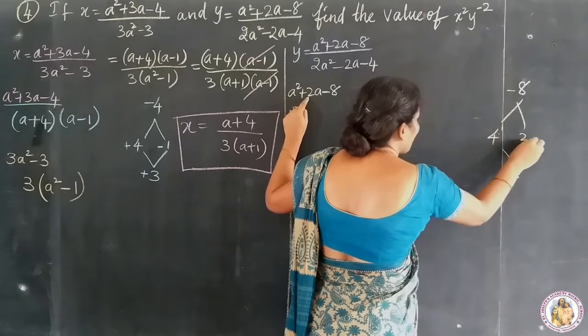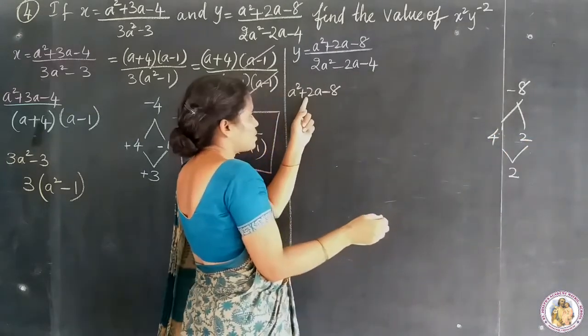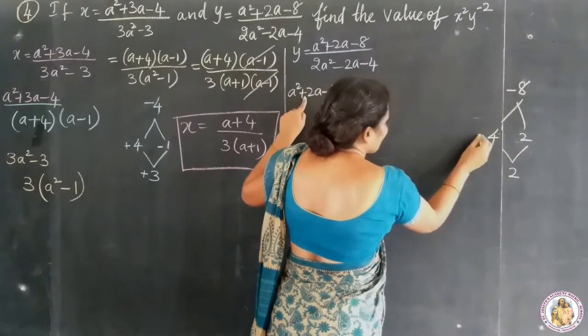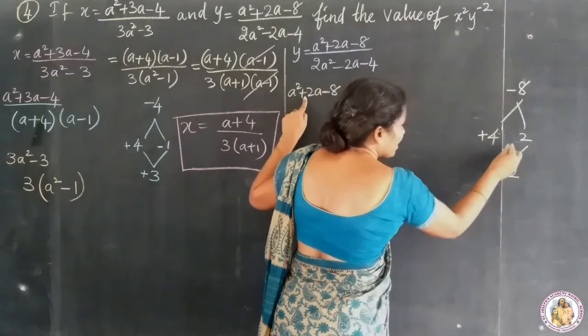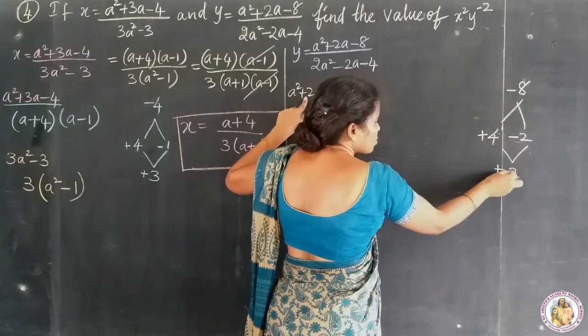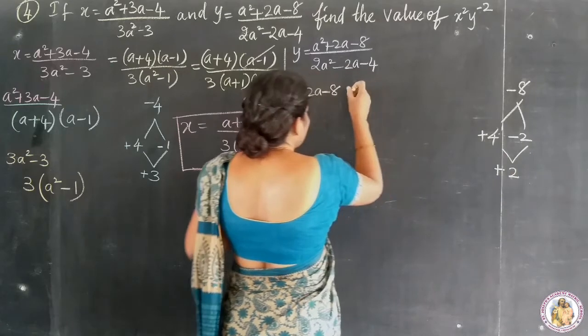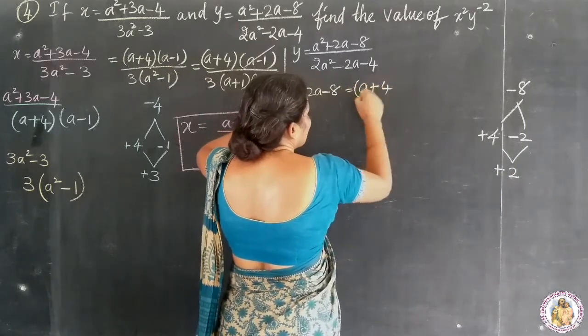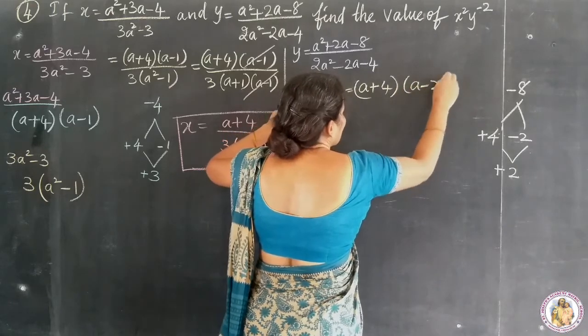So 4 2s are 8. Here it is plus 2 and it is minus 8. So 4 2s are 8. Give plus to the greater number and minus to the smallest number. Plus 4 minus 2.